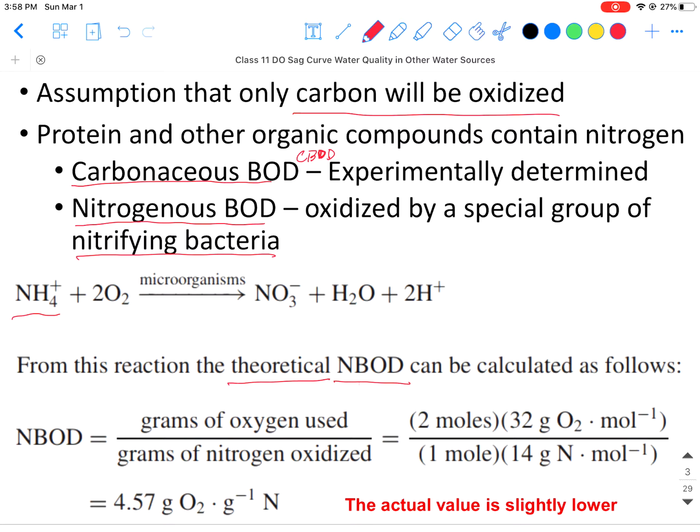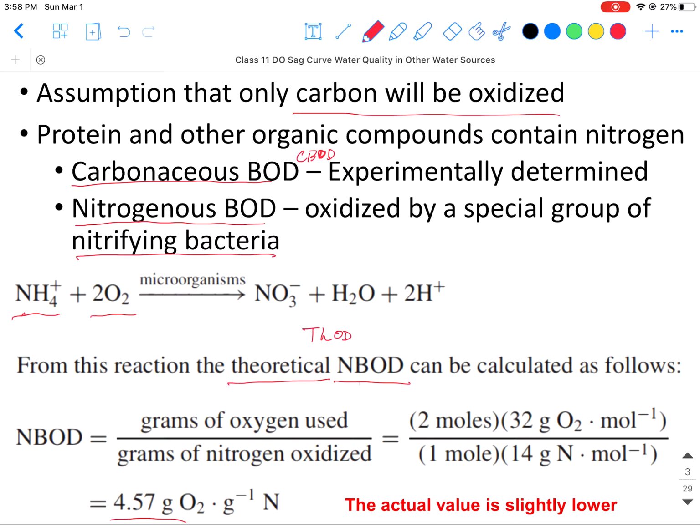Again, this goes back to the theoretical BOD. From this chemical reaction, we find that each gram of nitrogen being oxidized needs 4.57 grams of oxygen, which is actually quite a large amount of oxygen.